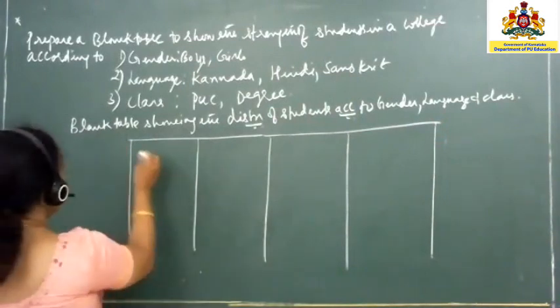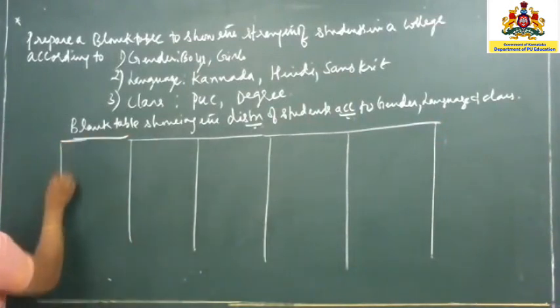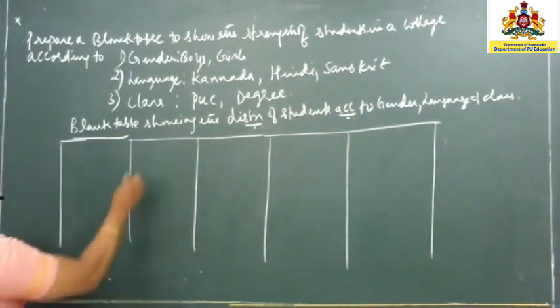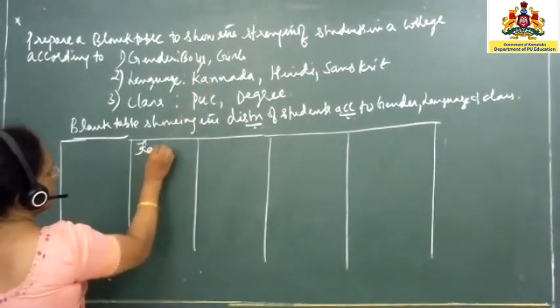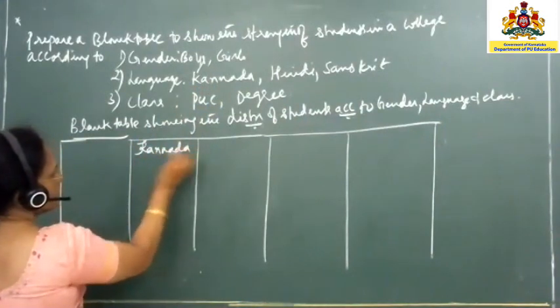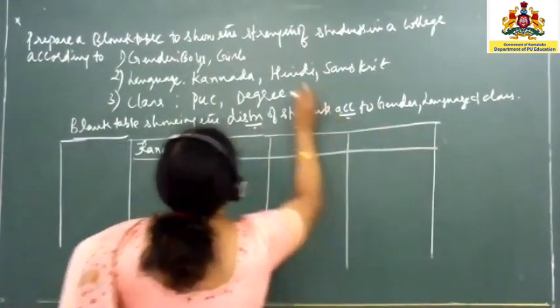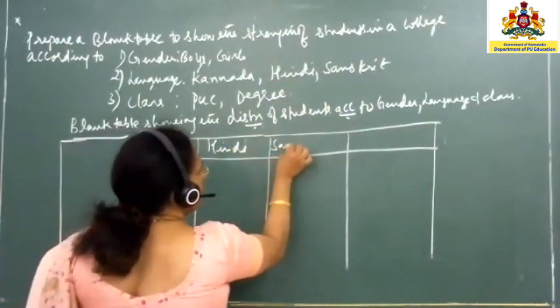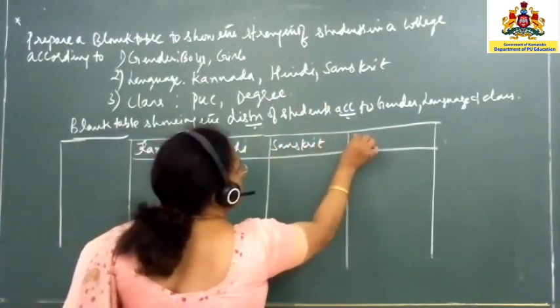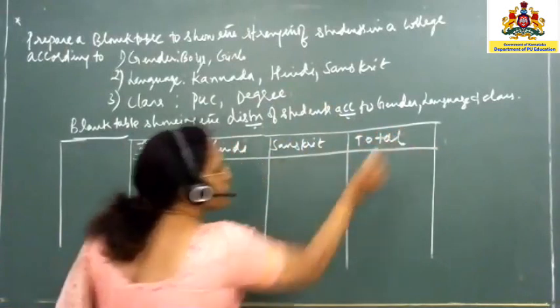Now in this case, first thing I will write this. This is Kannada. Next you have Hindi. Next one you have Sanskrit. Next you will have this as total.